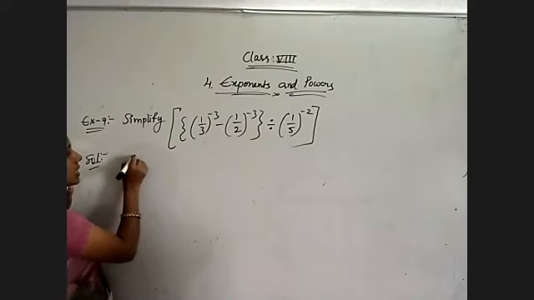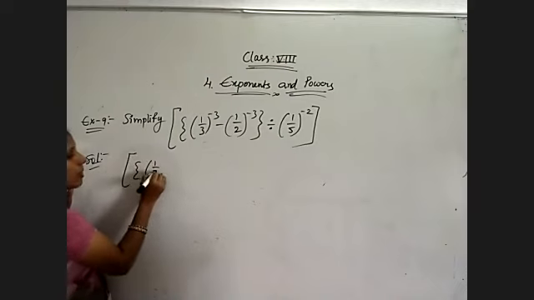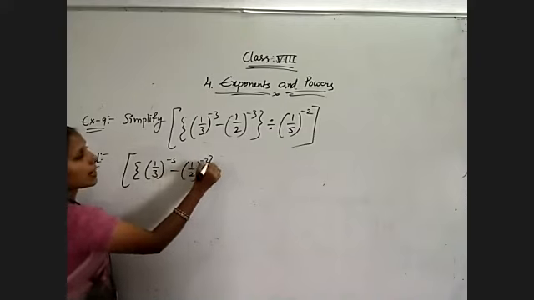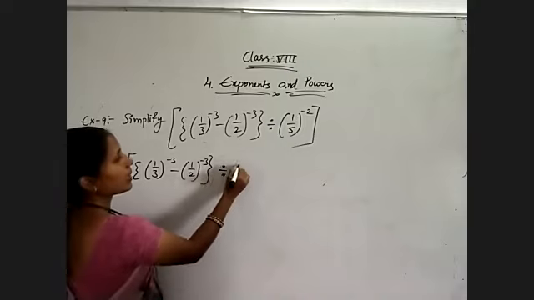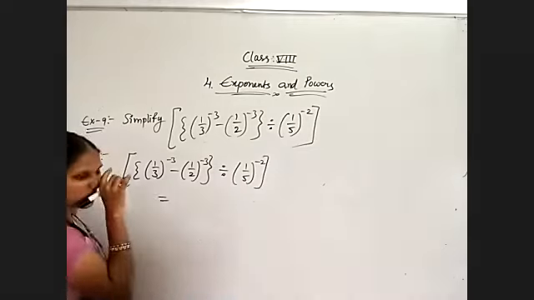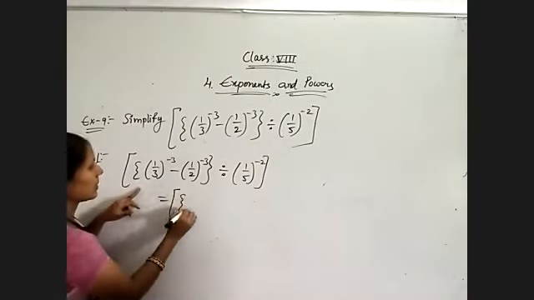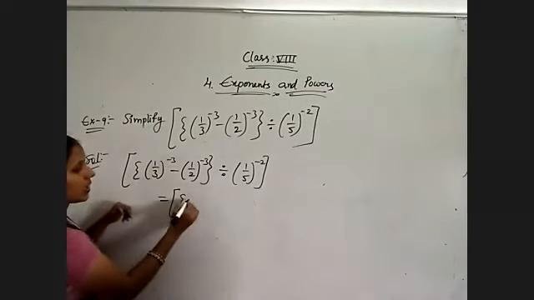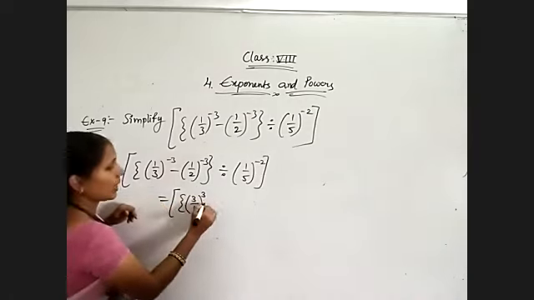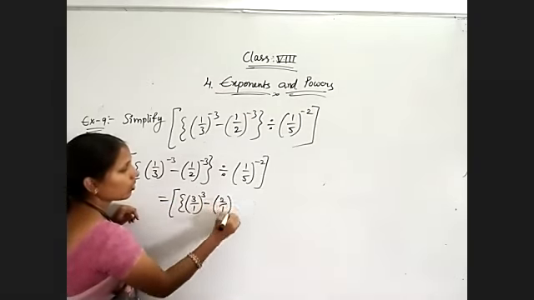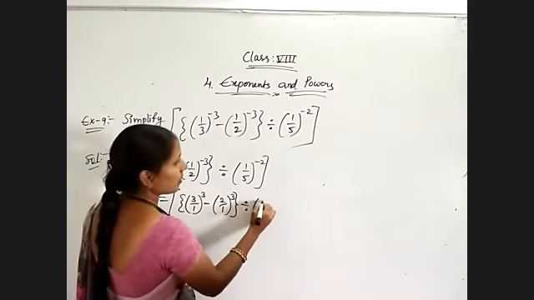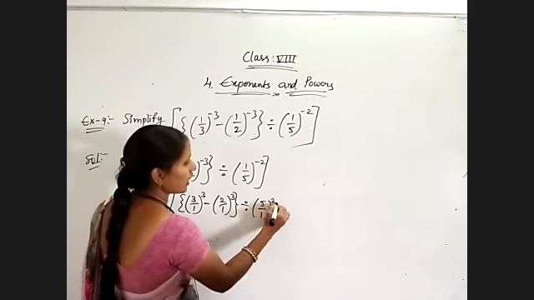So we have 1 by 3 whole power minus 3 minus 1 by 2 whole power minus 3, divided by 1 by 5 whole power minus 2, is equal to 3 by 1 whole power plus 3 minus 2 by 1 whole power plus 3, divided by 5 by 1 whole square.